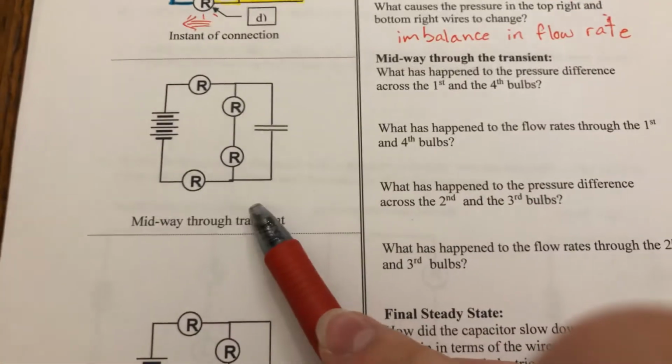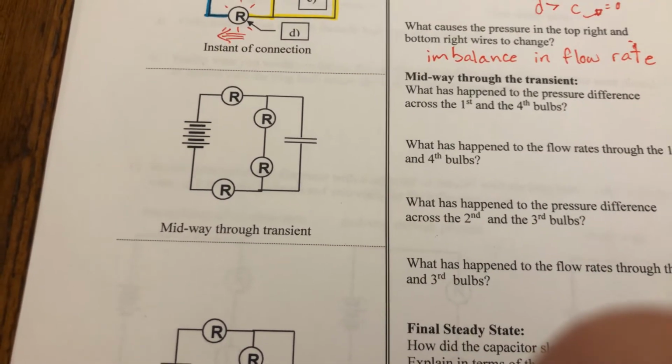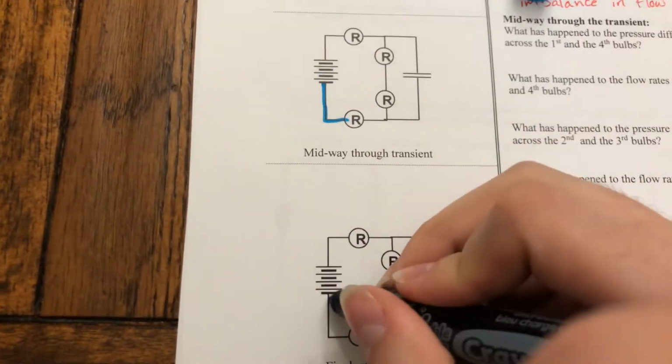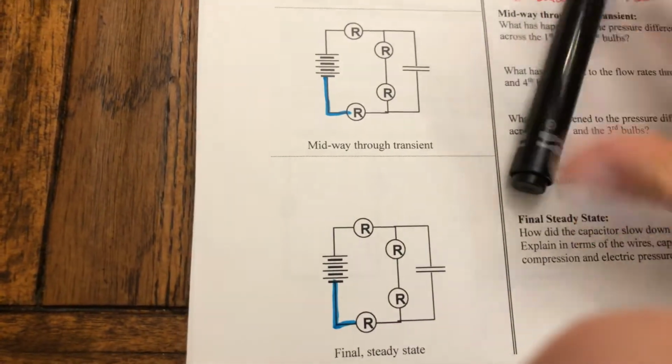And then midway through our transient, we've still got blue down here at the bottom. And I'm going to do this one too. And at the end, we'll also still have blue at the bottom.